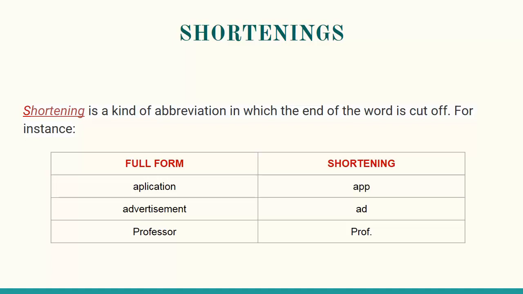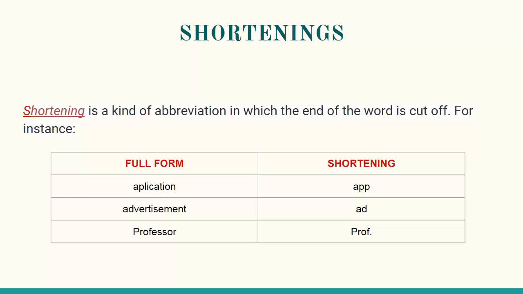The first one is application. The shortening for application is app. The second one is advertisement. The shortening for advertisement is ad. The last example is professor. The shortening for professor is prof.